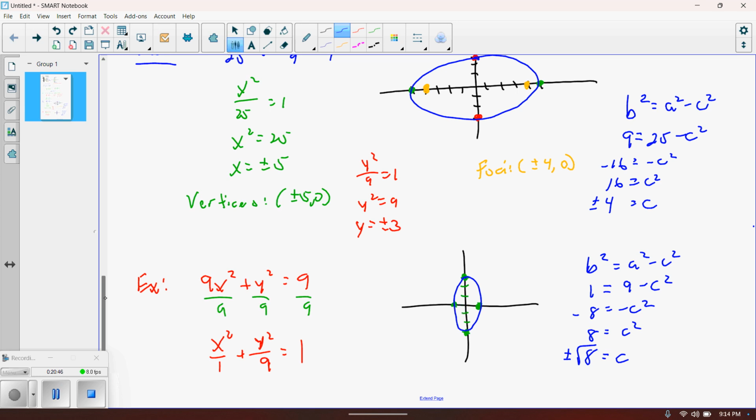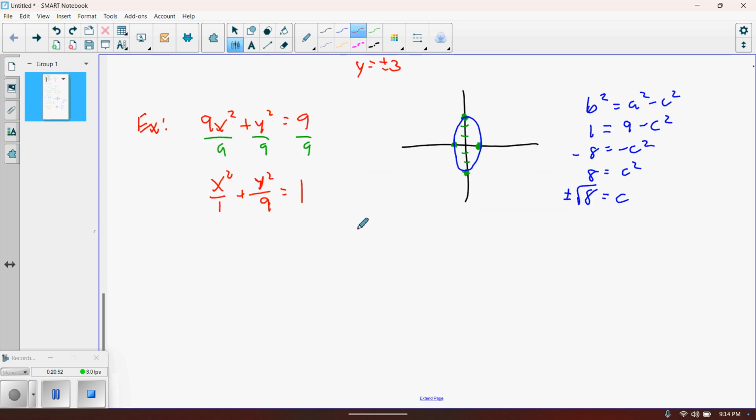So let's go ahead and actually just write out the foci and the major axis vertices. So the vertices are going to be at 0, plus or minus 3, and then the foci are going to be at 0, plus or minus 2 root 2, or you could just leave it as the square root of 8 unless it says to simplify that.